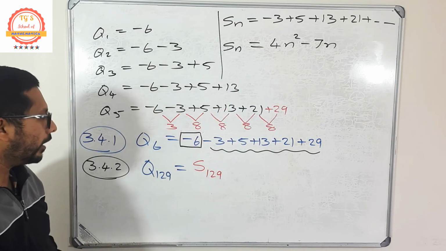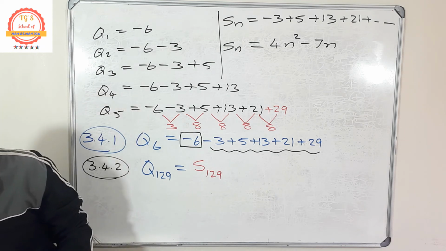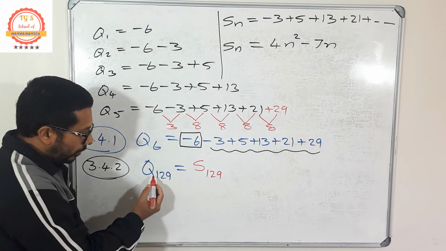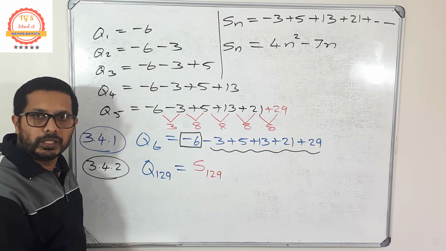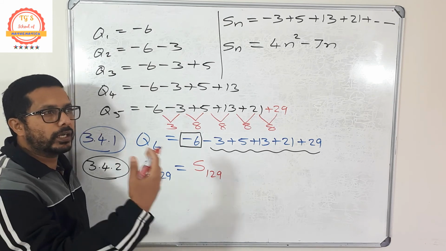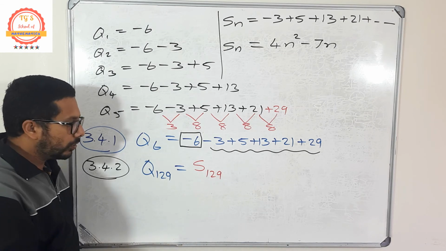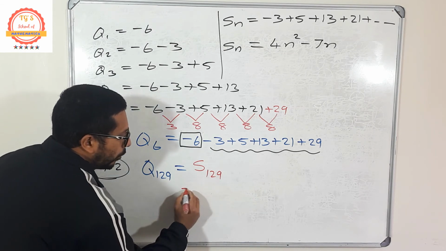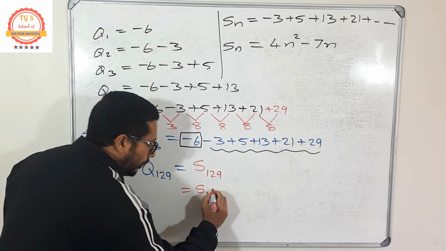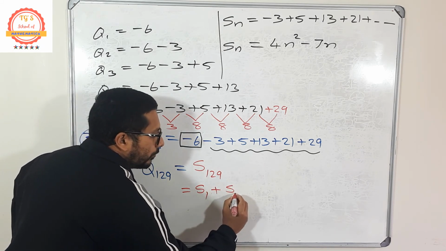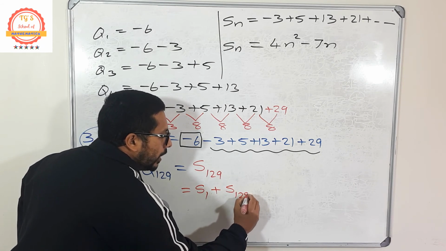Okay, so what I am going to do now, look very carefully. Q129, I told you that's the same as S129, the sum of the first 129 terms. So this 129 I am going to write like this: sum of the first term plus sum of the remaining 128 terms.